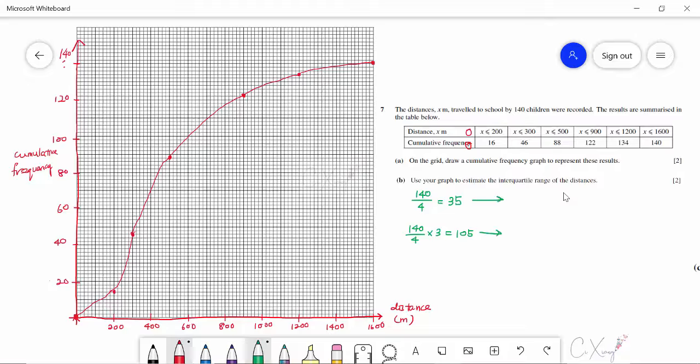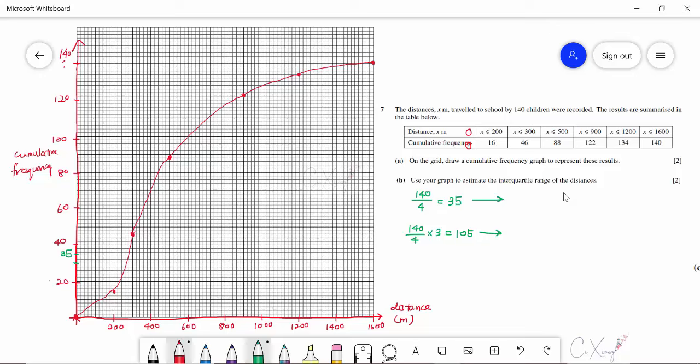For 35, it means that on your own graph, you try to find out where is the 35. So 35, this is 30, the green color part here is 30. So 35 should be somewhere here.